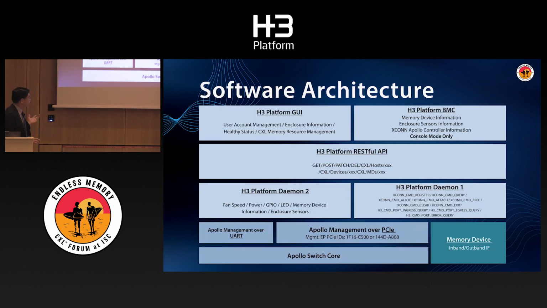These are the software architectures. In the light blue parts, we collect all the information from the CXL switch and manage the port configurations, memory mapping, that kind of thing. And of course, we also collect the information from memory modules and present it through the API and GUI, or to the orchestration.